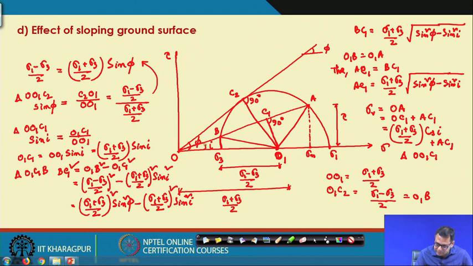So, that means this is the sigma h value, because we got this total one as the sigma v value. So, I can write that sigma v is equal to OA. I have written that. Now, sigma h is the lateral stress, which is smaller than sigma v. So, we can write that sigma h is equal to OB. Sigma v is equal to OA and sigma h is equal to OB, because this is the smaller stress.